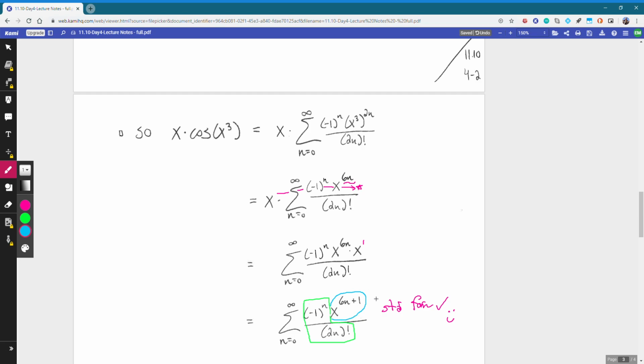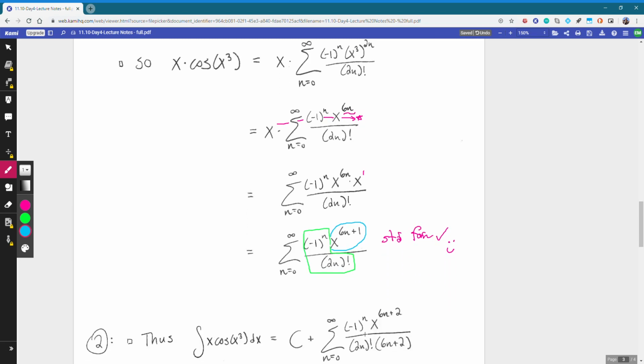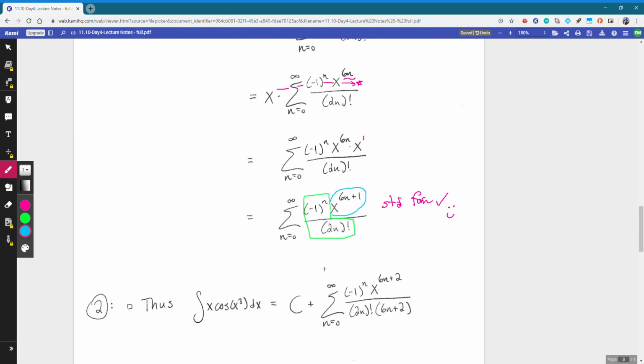So we'll add 1 to the exponent, get 6n plus 2, and then divide by that new exponent 6n plus 2 to integrate. All right, so there we go. Here's our power series. Integrating gives us this power series right here, and then just the plus c for all antiderivatives to our function here.